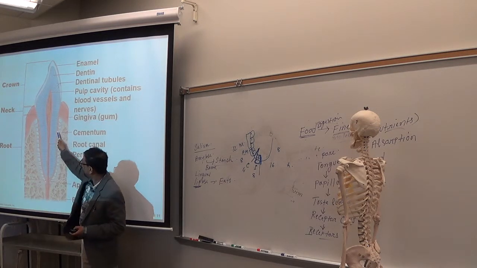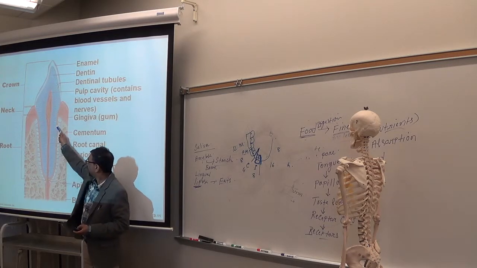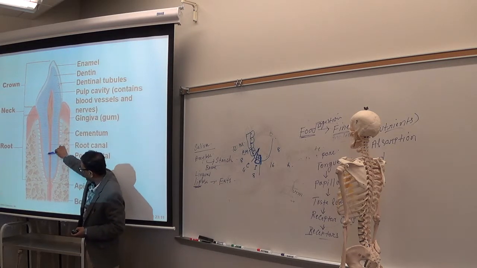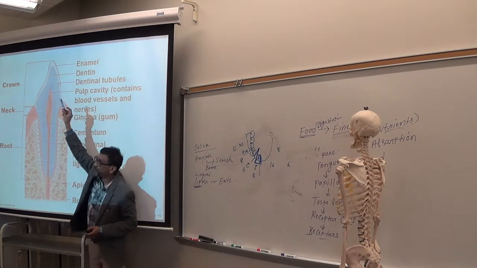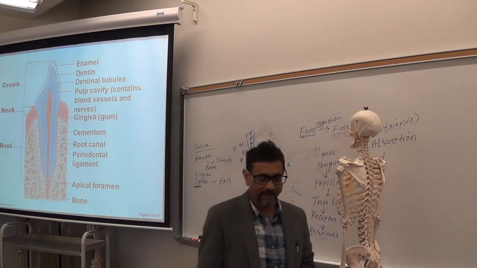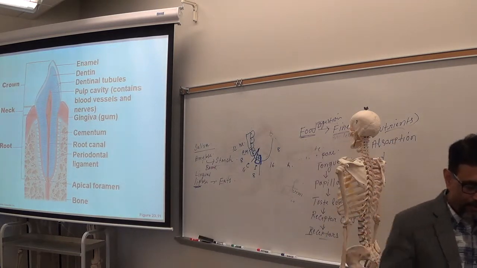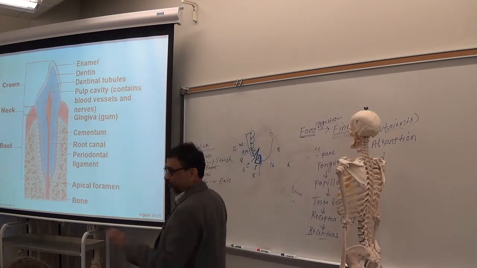And the part inside the bone, maxilla and mandibular sockets, is called the root. So you see here, this is the root, this is the neck, and that is the crown you can see from outside. So those are the 3 parts.